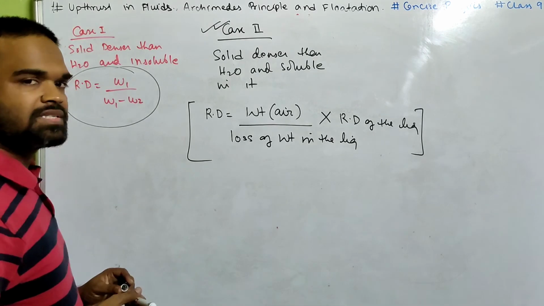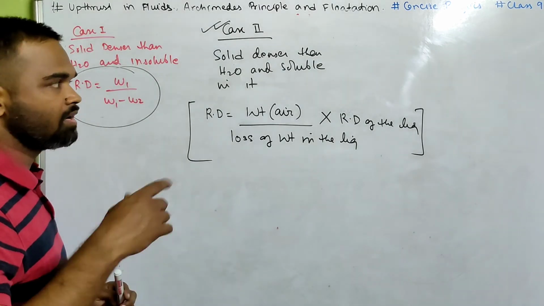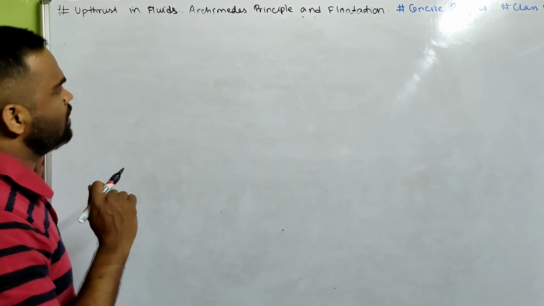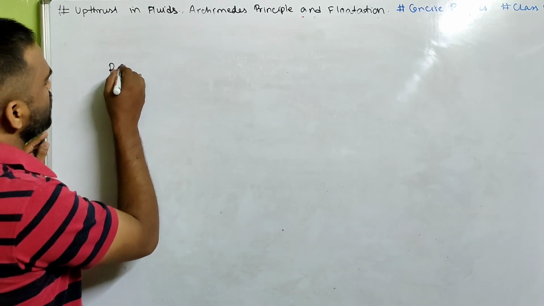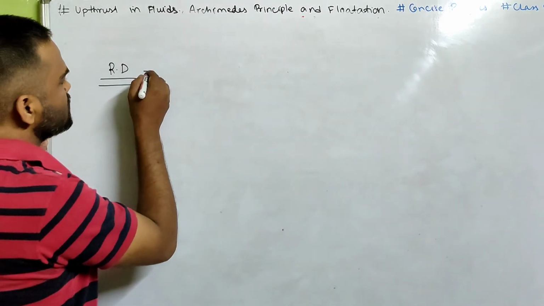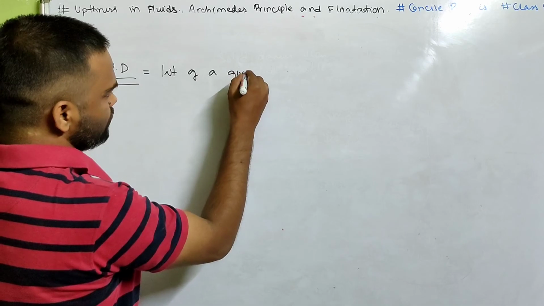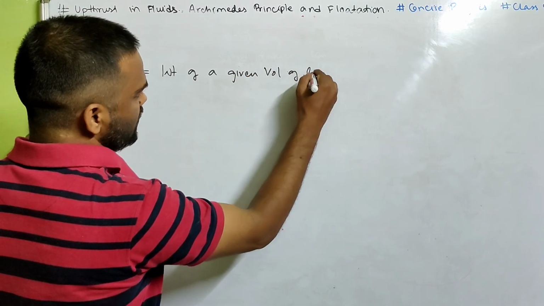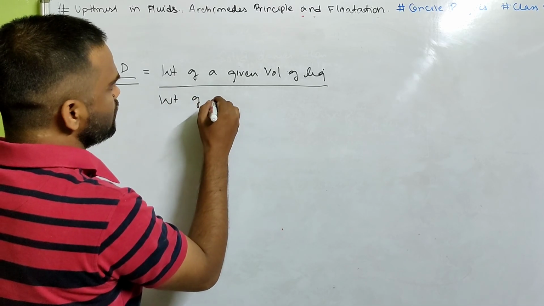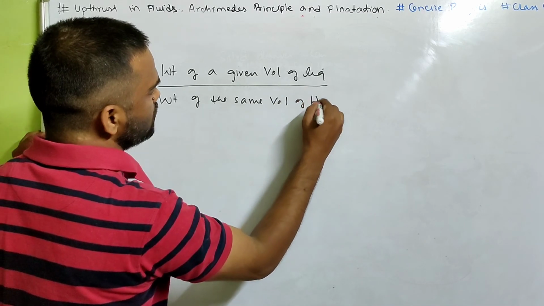Done. Now let us see how to determine the relative density of a liquid using Archimedes principle. Relative density of a liquid is weight of a given volume of liquid by weight of the same volume of water.